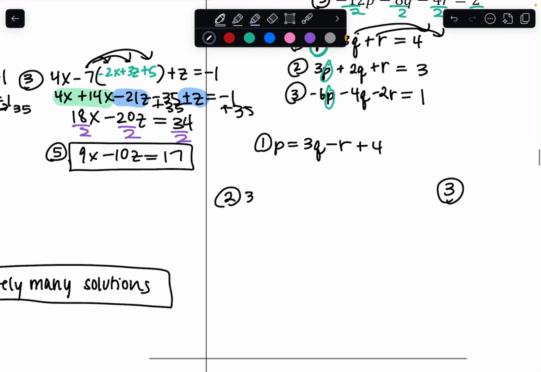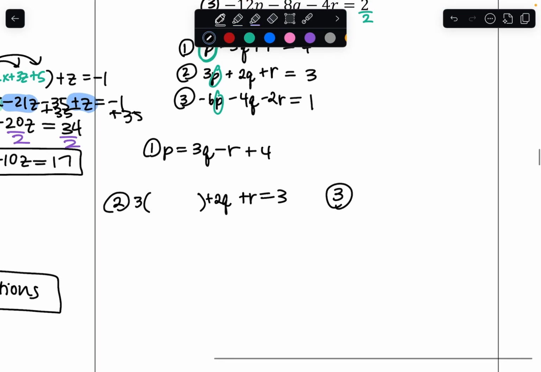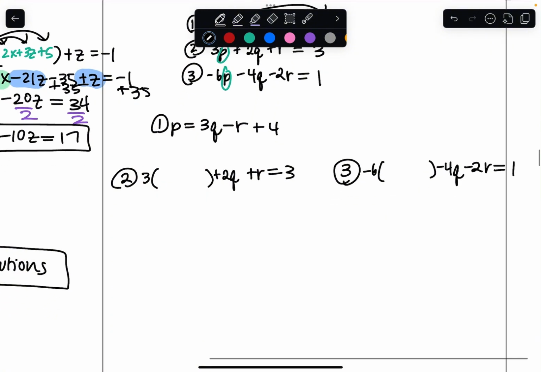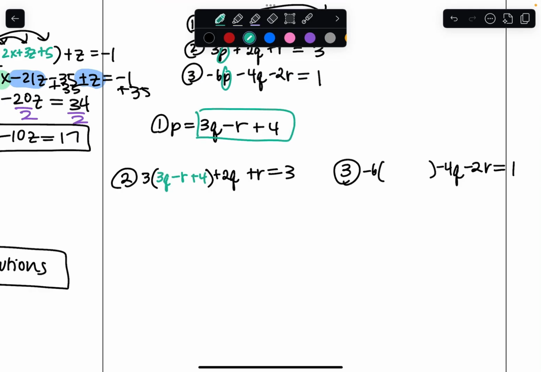Okay, and so 3p plus 2q plus r equals 3. Negative 6p minus 4q minus 2r equals 1. P is equal to 3q minus r plus 4.